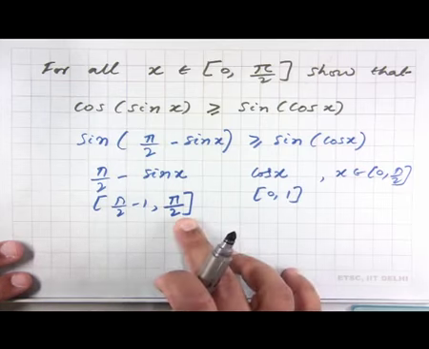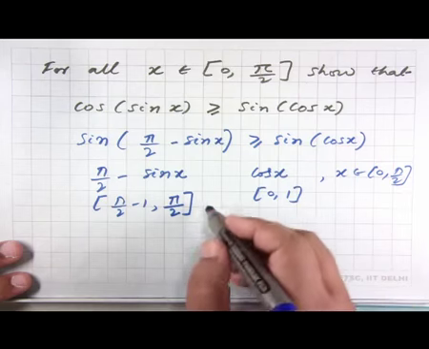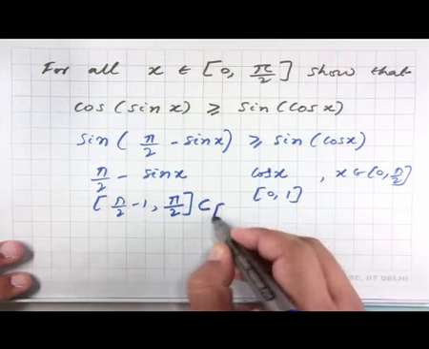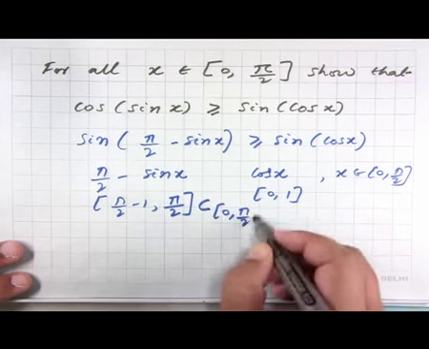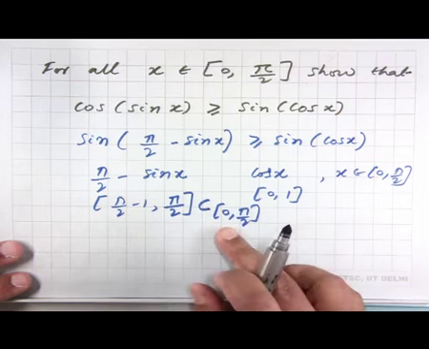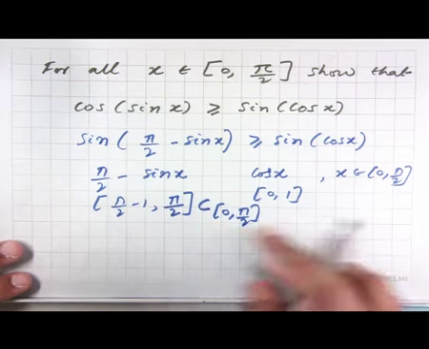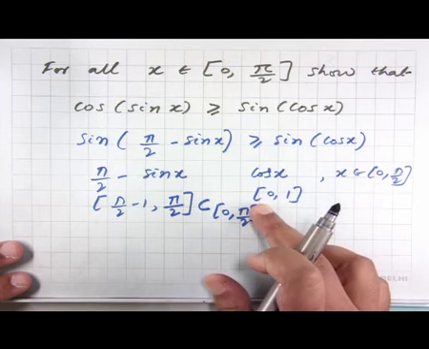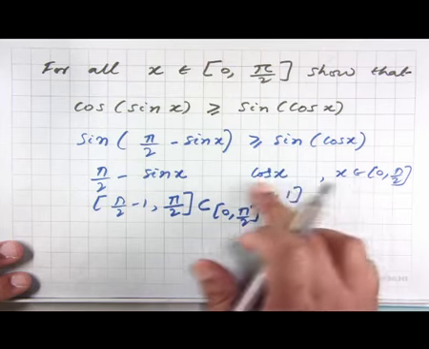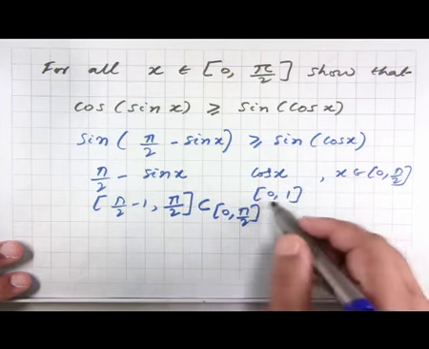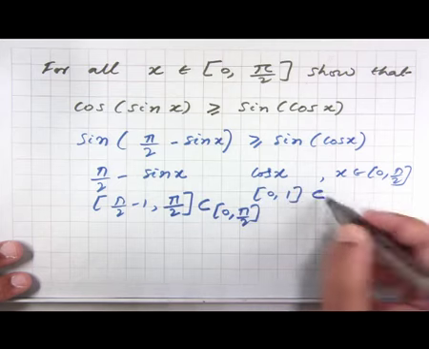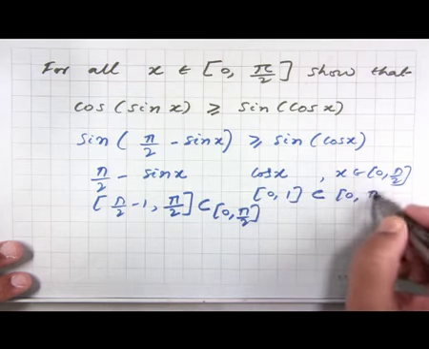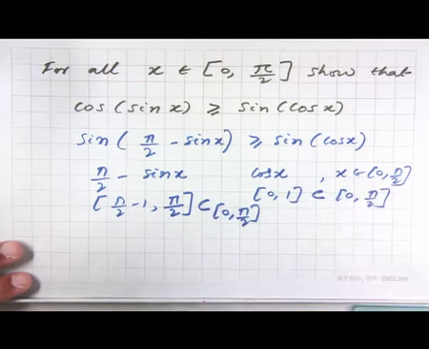this interval as well as this interval, both of them are subsets of the interval 0 to pi by 2. For example, this interval is a subset of 0 to pi by 2. The set of all values taken by cos x, between 0 and 1, is also a subset of the interval 0 to pi by 2.